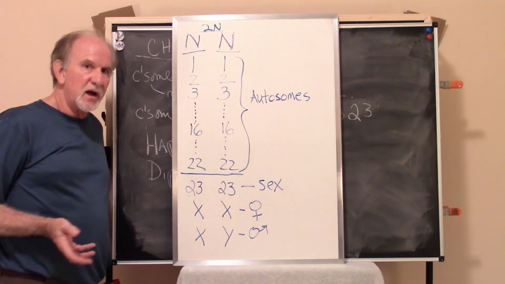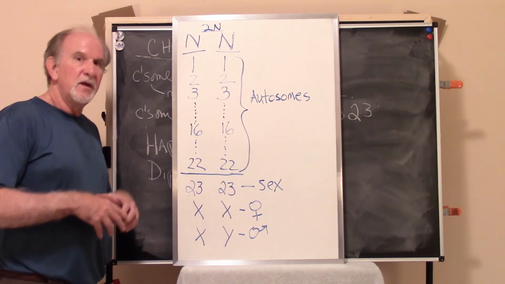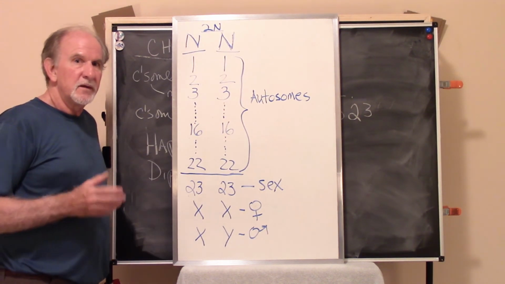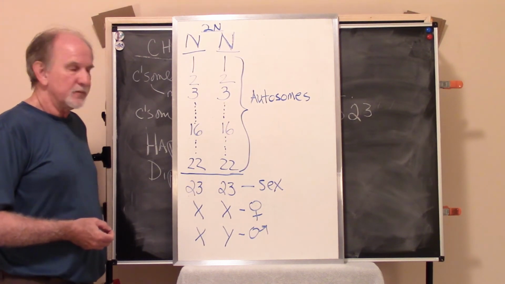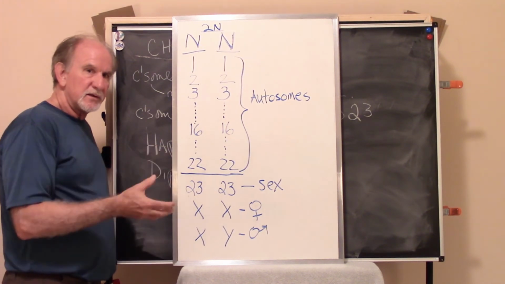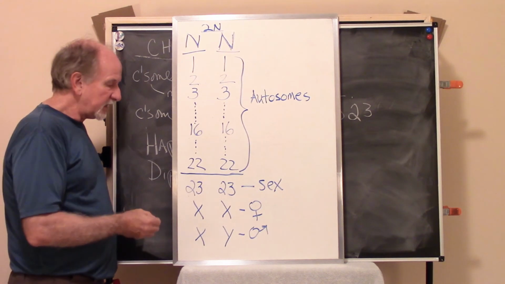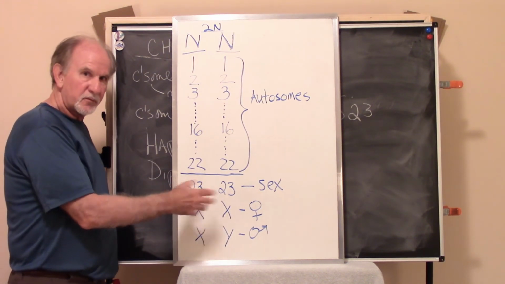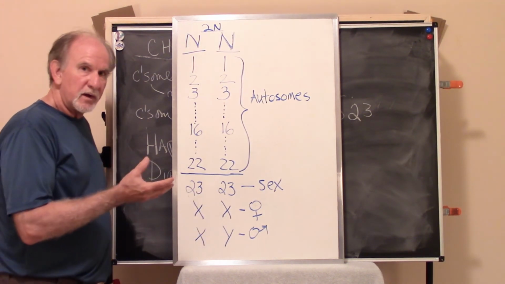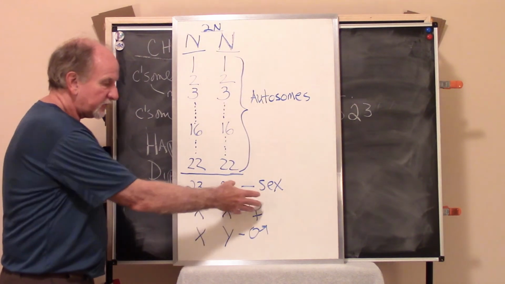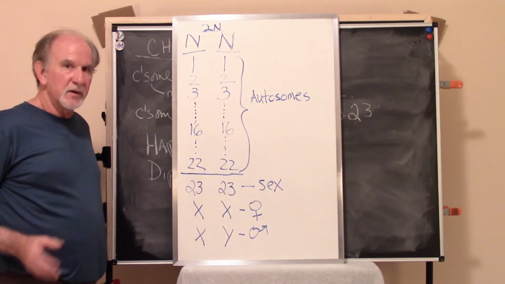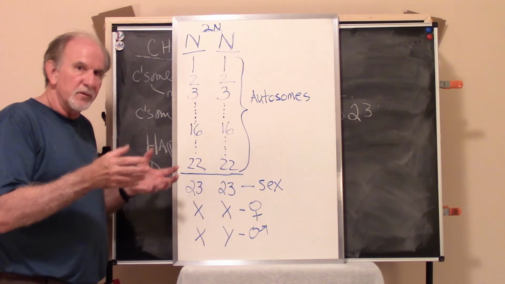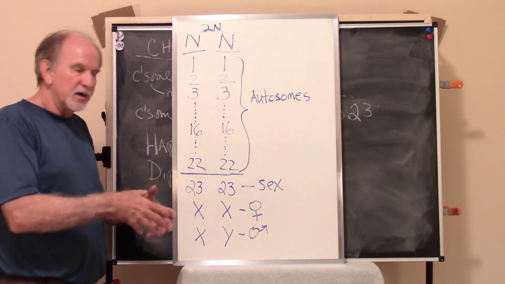And the sex of the child is determined by which set of reproductive organs form during embryogenesis. So during embryogenesis, if the embryonic cells contain an XX pair of chromosomes, then the embryonic cells will develop a female set of reproductive organs. You get ovaries, fallopian tubes, the uterus, and the vagina.